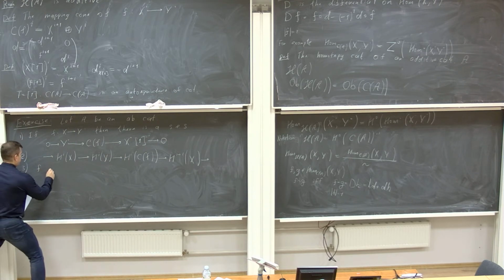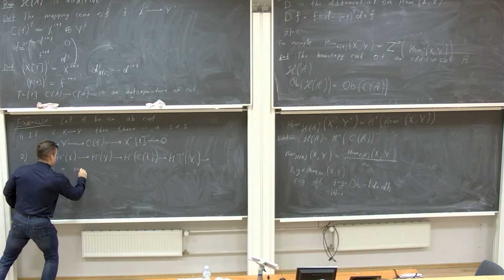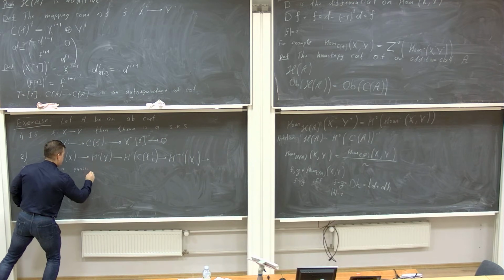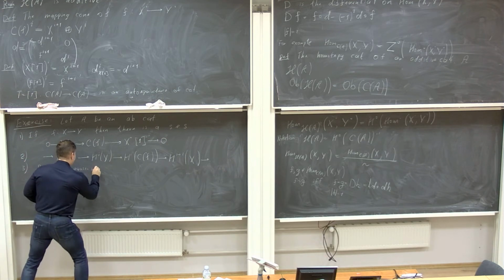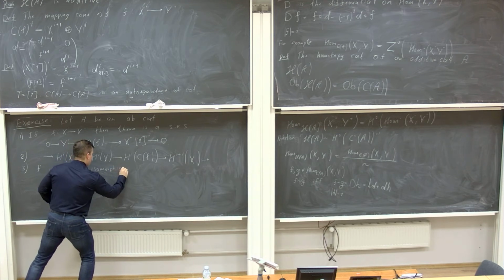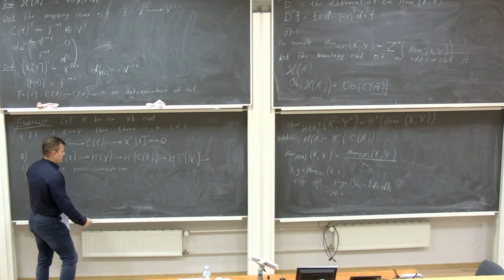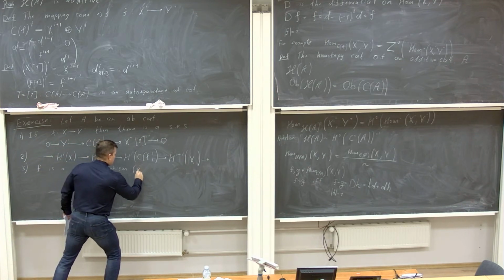So F is a quasi-isomorphism. For quasi-isomorphisms I need a short notation, so let me call this just q-ism.